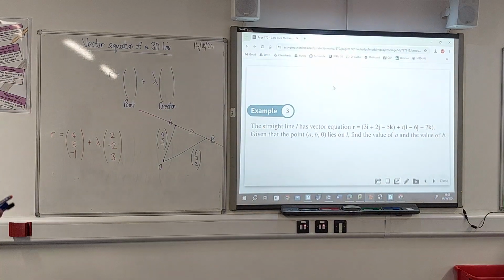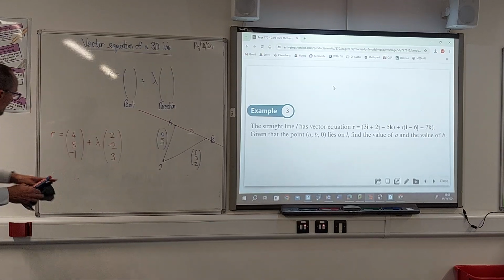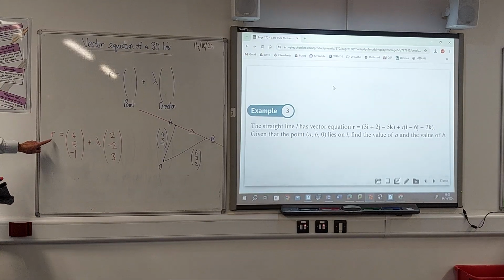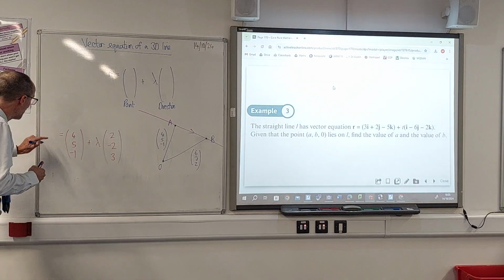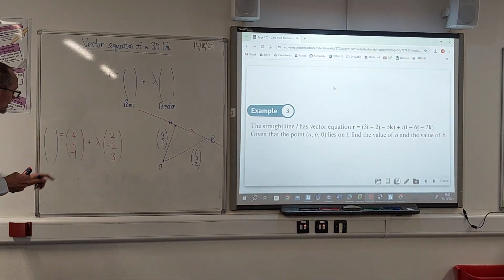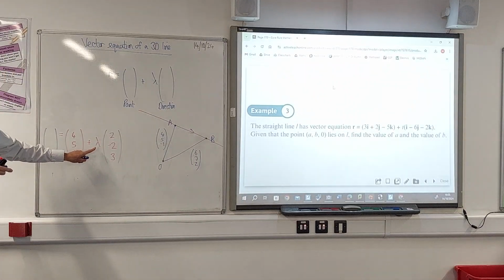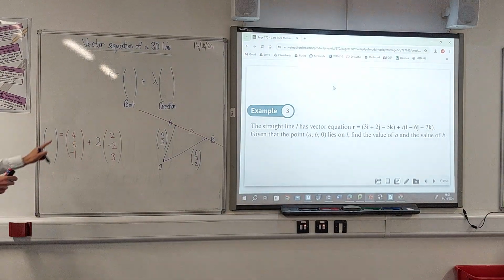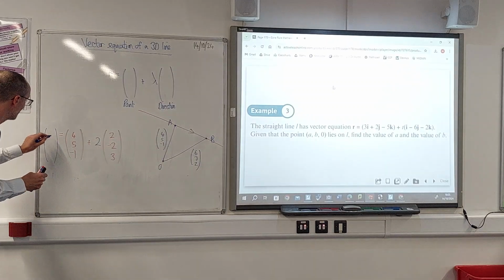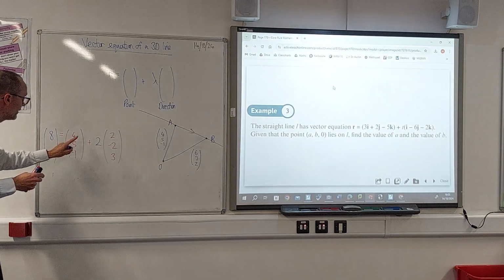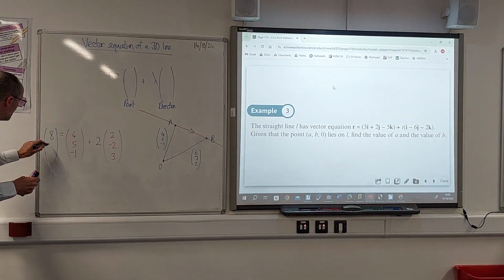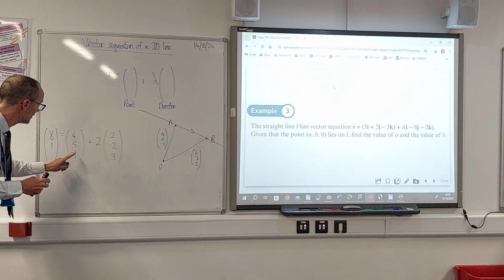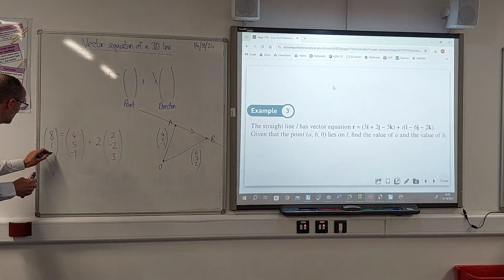What that means, describing a vector equation like that, is that R is anywhere on the line. So R itself is a vector. Any point on the line can be obtained by fiddling around with this value. So in my example here, if I made lambda equal to 2, I'd get 4 plus 2 times 2, so that's 8, 5 and minus 4, which is 1, and minus 1 plus 6, which is 5.